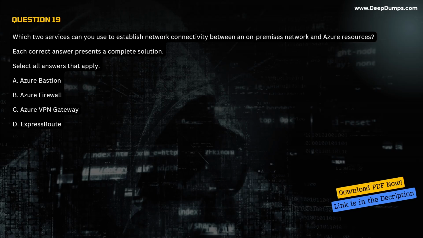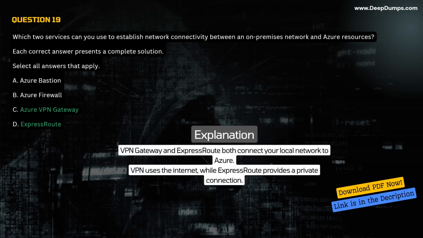D. ExpressRoute. Correct answer is C and D. Azure VPN Gateway. ExpressRoute. Explanation: VPN Gateway and ExpressRoute both connect your local network to Azure. VPN uses the Internet, while ExpressRoute provides a private connection.